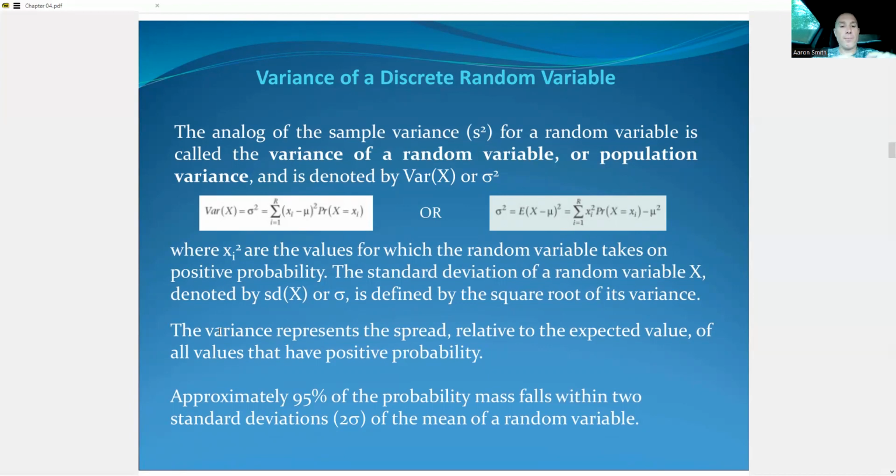The variance gives us an idea of the spread of the distribution. Approximately 95% of the probability mass function falls within 2 standard deviations of the mean of a random variable. Now, this is not always 100% true, but see the word approximately.